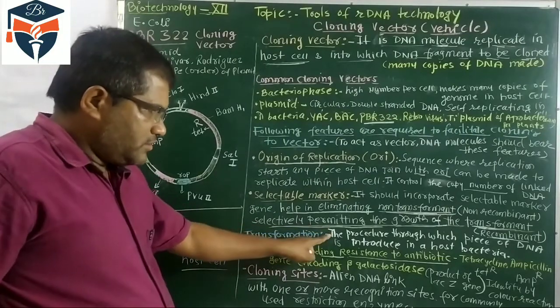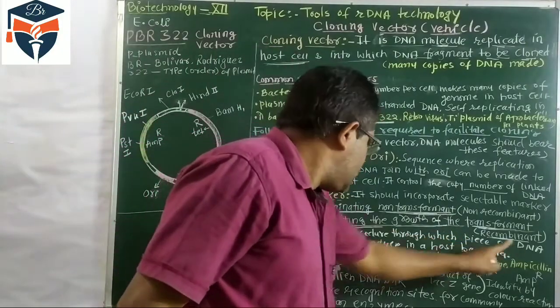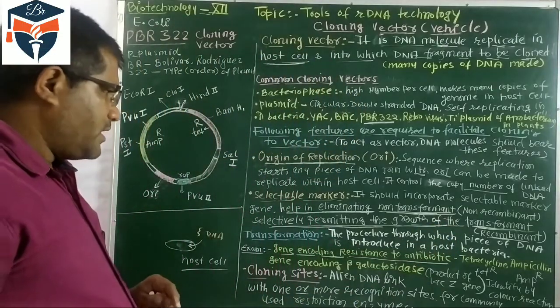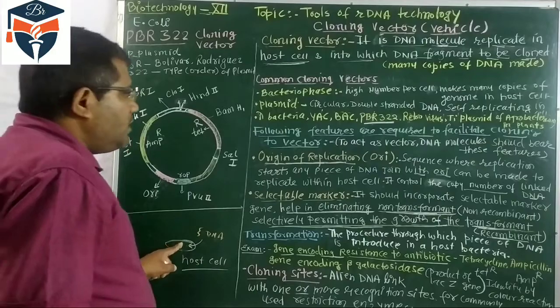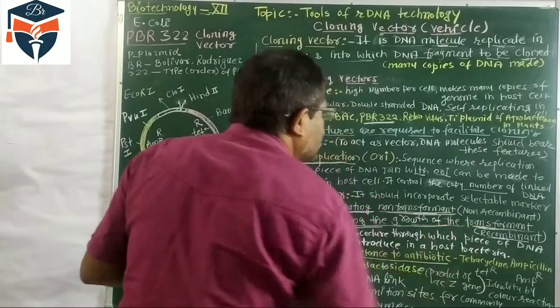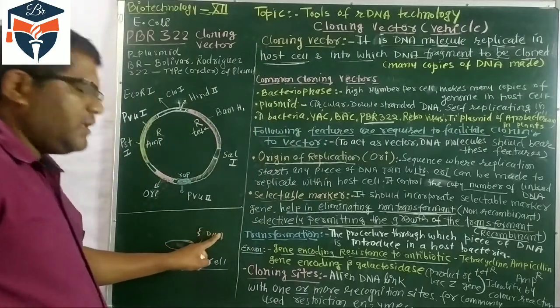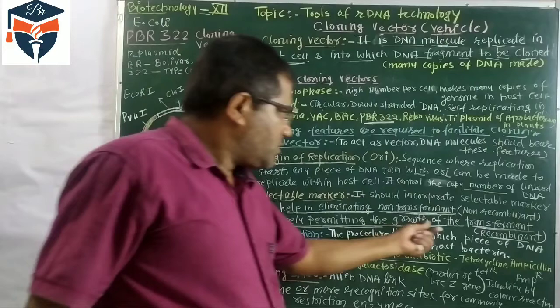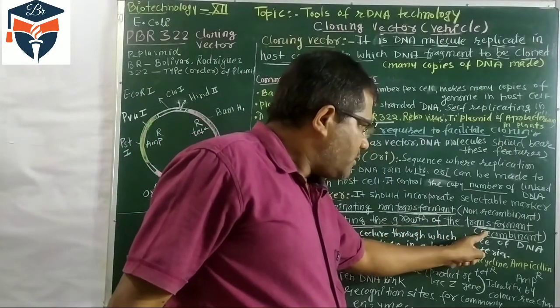So first we should understand what transformation is. It is the process in which a piece of DNA is introduced into the host cell or host bacteria. So when this DNA is selectively permitting the growth of the transformant, it means the DNA is easily introduced into the host cell.